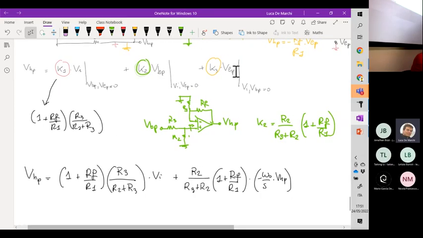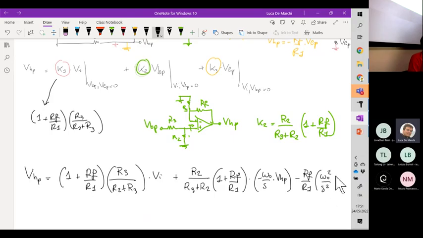The last term is K3. K3 is minus RF over R1, is the last one which we have calculated. And VLP is resulting from the double integration of VHP.